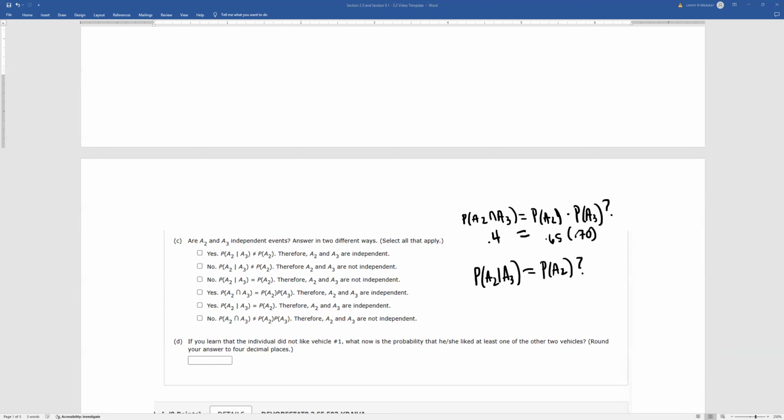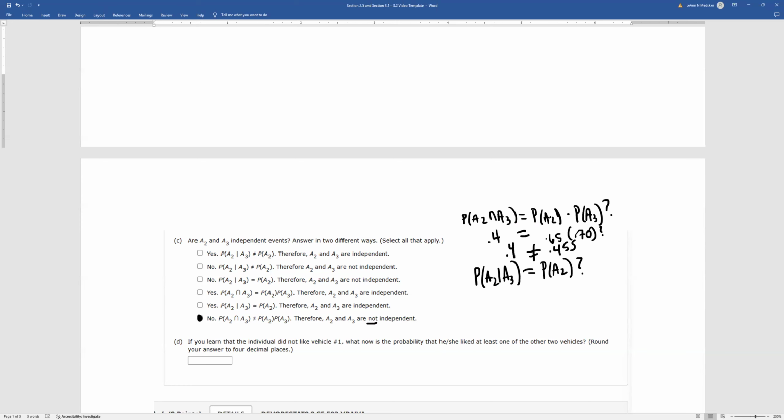It's 0.65 times 0.7. That's 0.455 on this side. So notice those do not equal each other. So we can look for the one where the intersection is not true, so we're looking for a no scenario. So no, the intersection of A2 and A3 did not equal the multiplication of the individual probabilities, so they're not independent. So this is one of the choices.